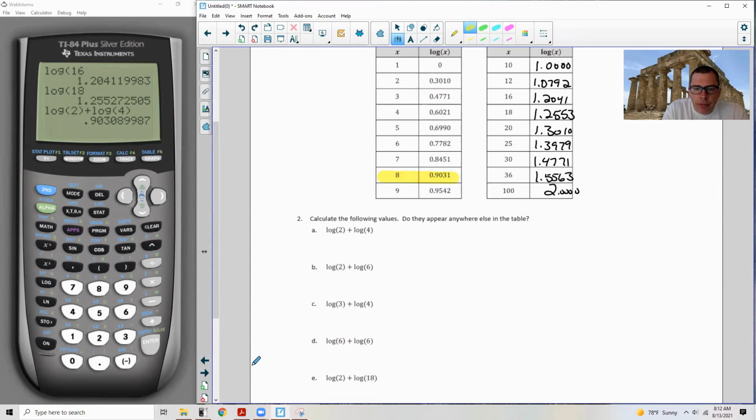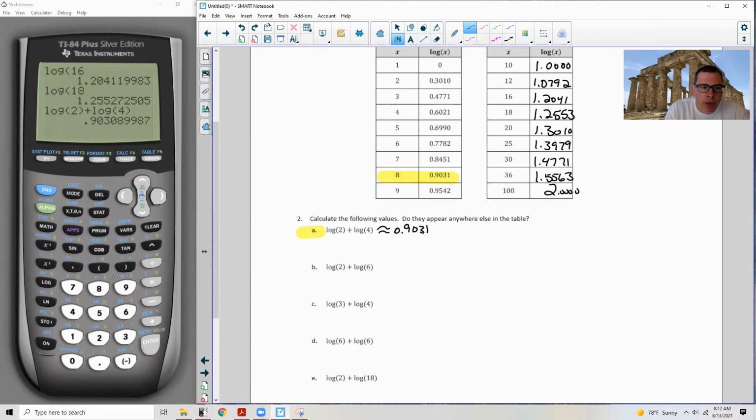Okay. So I'm going to mark this with yellow. I'm going to show something to you. We're going to keep track of what's going on here. So the log of 2 plus the log of 4 is an approximation of 0.9031, and that is right there.